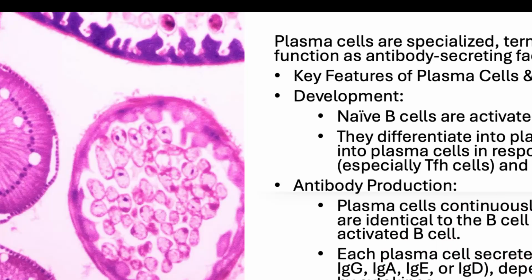Each plasma cell secretes only one class of antibody, IgM, G, A, E, D. These are different types of antibody depending upon the constant region of the Fc region, which we encountered in the first question, depending on the class switching guided by cytokines. These antibodies circulate in the blood, lymph and tissues, binding to specific antigens to neutralize or mark them for destruction. So now the antibody can roam around in the blood, lymph and the tissue fluids to mark the antigens for destruction or neutralization. And what is the lifespan and function of these plasma cells?